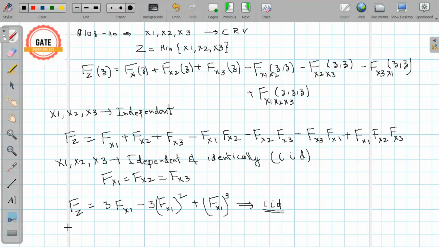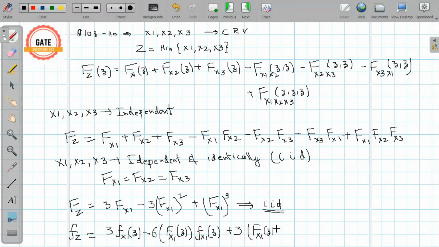So differentiating both sides, the PDF of z will be equal to 3 times the differentiation of the CDF of x1 with respect to z, which gives f x1 of z, minus the differentiation of the next term, which will be 6 times the CDF of x1 into the differentiation of the CDF of x1 with respect to z, which is the PDF of x1, plus the differentiation of the last term, which will be 3 times the CDF of x1 square into the PDF of x1.